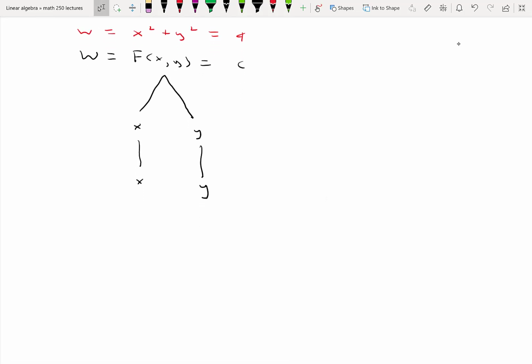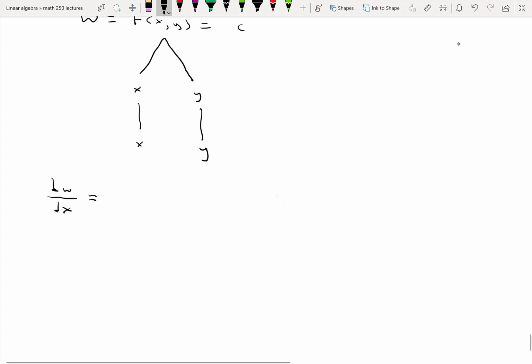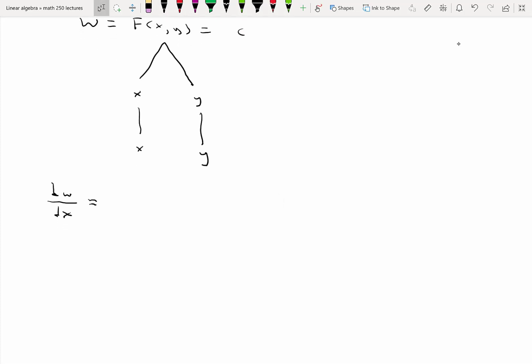Using the chain rule from Calc 3, bear with me, people who haven't had Calc 3. You won't have to do this in the method. You have the partial of f with respect to x times the derivative of x with respect to x, which is 1, plus the partial of f with respect to y times, oops, did you catch my mistake with the chain rule?